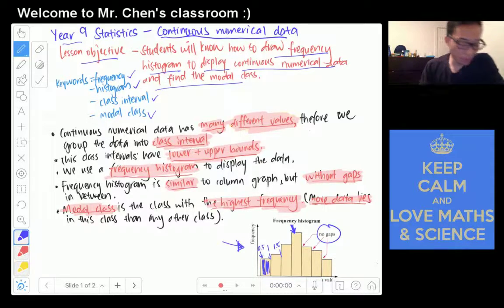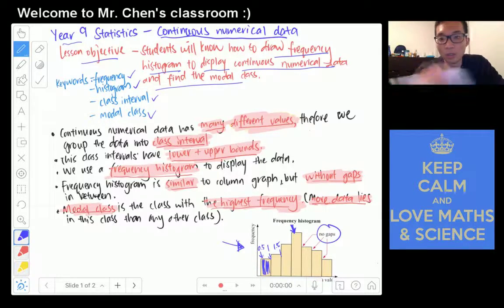So let's look at the dot points. Continuous numerical data has many different values. Compared to categorical or even discrete numerical data, it has a lot of values. Most of the time it involves decimals, like 0.5, 0.6, 1.5, 2.6, 2.7, 2.75. That's what I mean by many values.